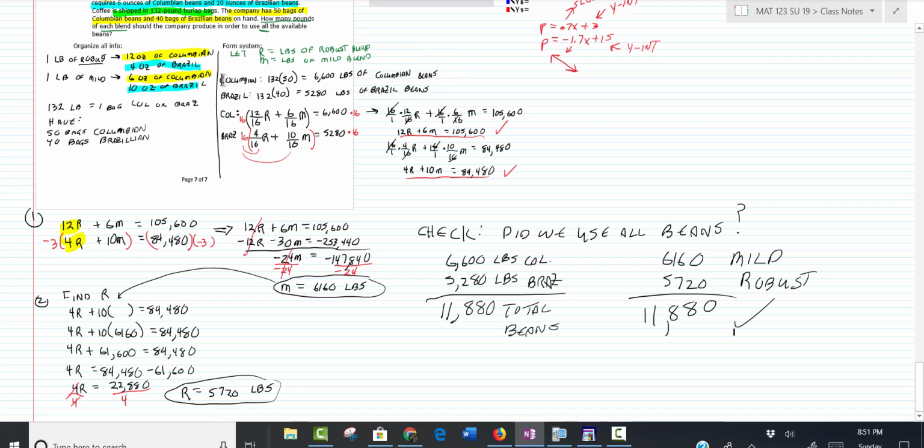We had enough information to figure out how many pounds of Colombian beans we had, how many pounds of Brazilian beans. We know that because you had a 132-pound bag, and you had 50 bags of Colombian and 40 bags of Brazilian. That gave those important numbers right there. So that gives you a total of 11,880 pounds of beans to work with.